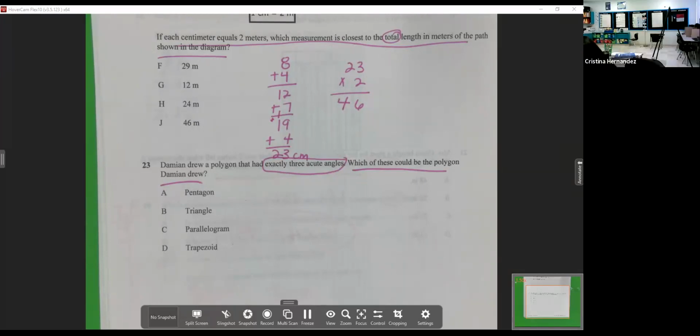Think about what you know about each one of these shapes. Which one of these shapes has exactly 3 angles? Does that help you? Which shape has exactly 3 angles or 3 sides? Who wants to help me answer this one?